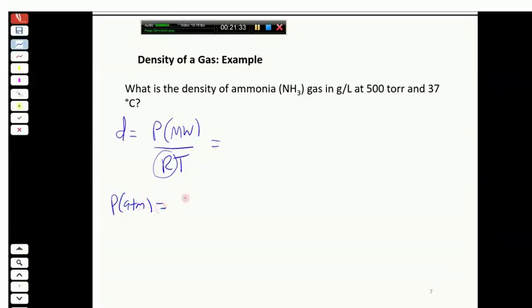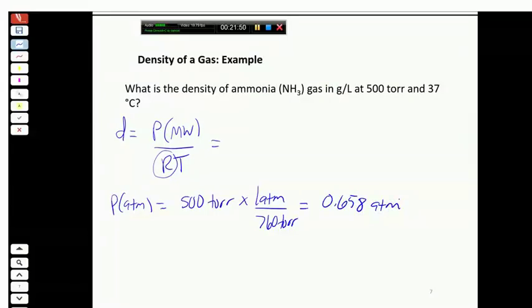So we need to take this 500 torr, which is 1 atmosphere per 760 torr, which gives 0.658 atmospheres. So that's the pressure of the gas in the correct units. We need the molar mass for ammonia. We all know how to calculate molar mass.